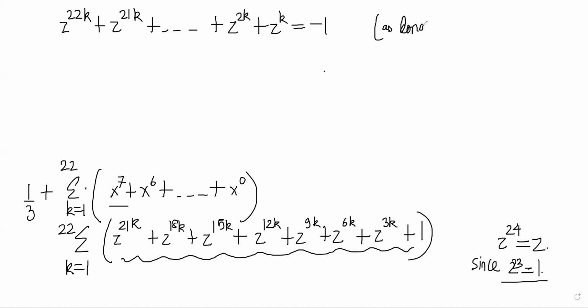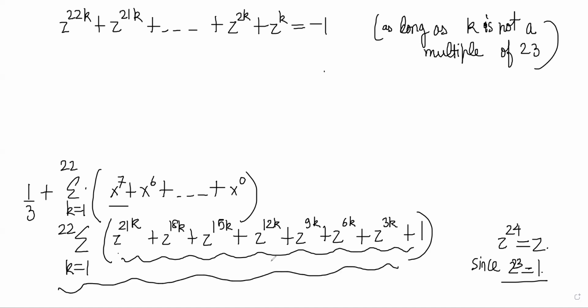So when I'm doing the summation here, when you put k is equal to 1, you get z power 21. When you do k is equal to 2, you get z power 42, and you are going to go up to k is equal to 22. Like this summation I'm trying to do, you can do the summation in a vertical line like this.